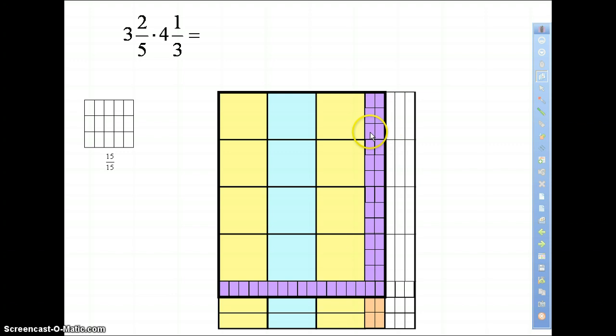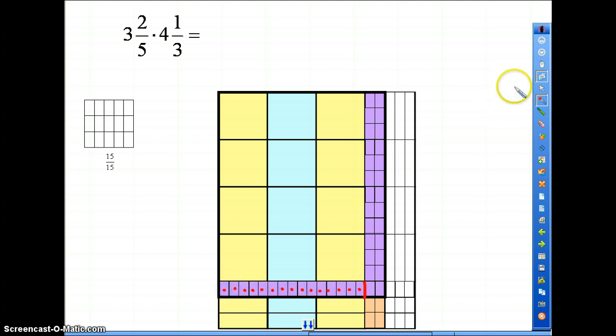There's 2, 4, 6, 8, 10, 12, 14, 16, 18, 20, 22, 24, 26, 27, 28, 29, 30, 31, 32, 33, 34, 35, 36, 37, 38, 39, 40, 41. I have 41 15ths. All right, write that down. 41 15ths just down along the side here.